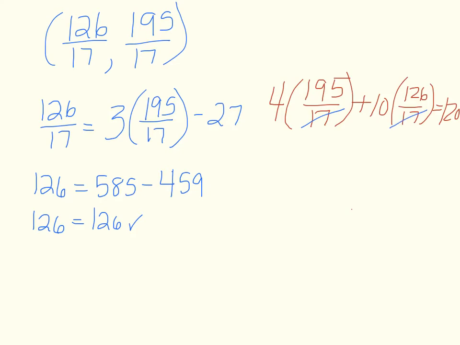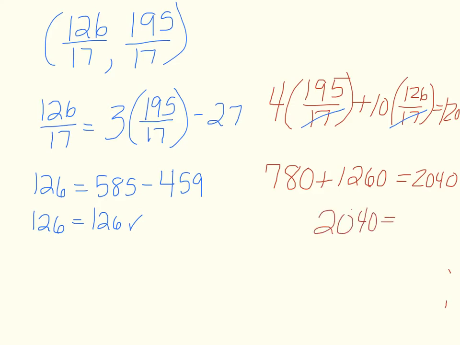This by 17, it goes away. 120 times 17 equals 2040. 4 times 195 is 780 plus 126 times 10, which is 1260, and that does equal 2040. So they check good.